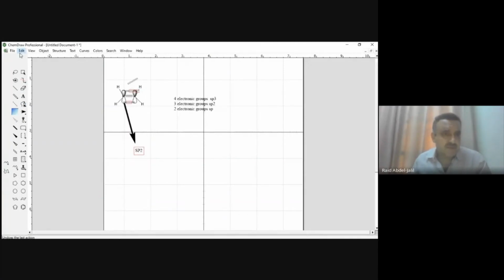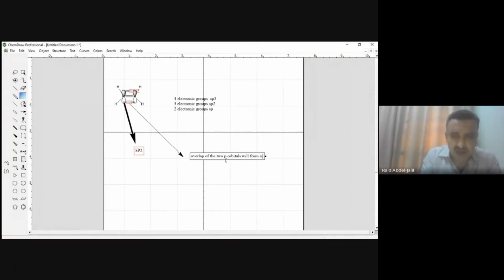This overlap of the 2 p orbitals will form a new type of covalent bond, which we call the pi bond.